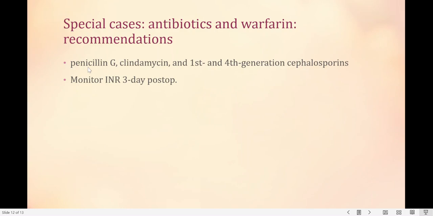So what type of antibiotics can we use for patients who take warfarin? Penicillin G, clindamycin, and first and fourth generation cephalosporins seem to be the safest antibiotics to be used in these patients. However, in all cases, we should monitor INR 3 days postoperatively just to make sure that the patient does not get a serious degree of anticoagulation.